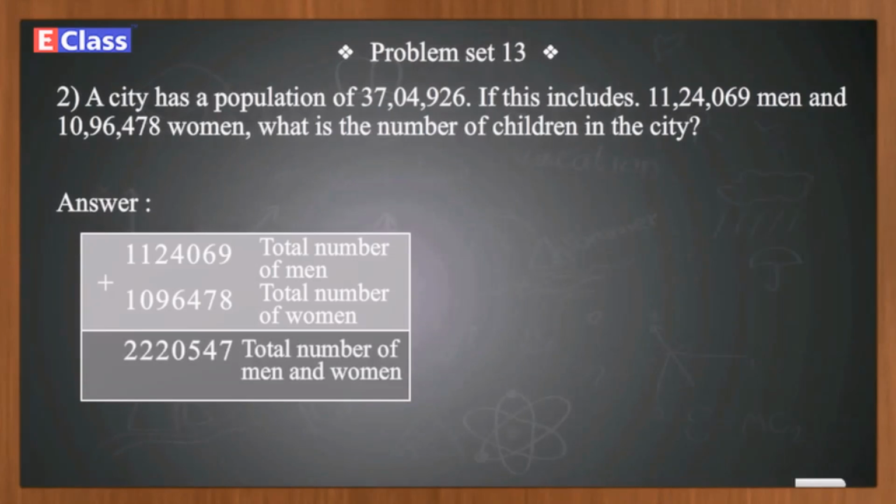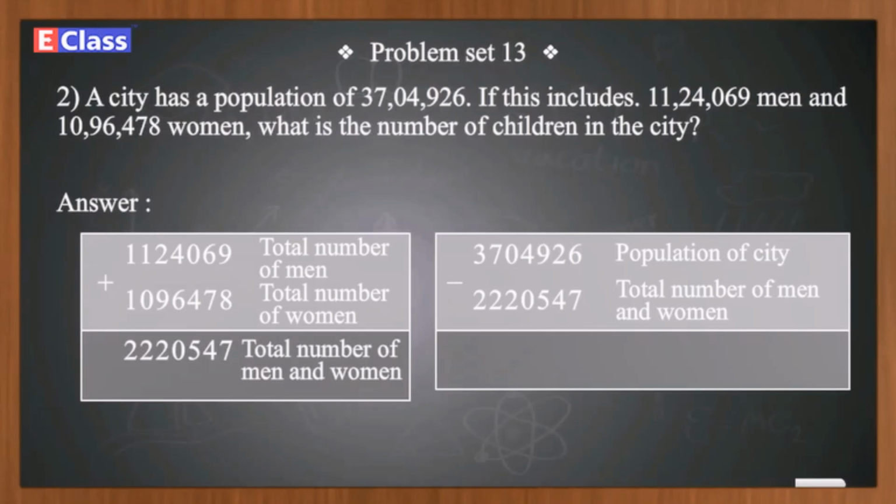11,24,069 total number of men plus 10,96,478 total number of women is equal to 22,20,547 total number of men and women. 37,04,926 minus 22,20,547 total number of men and women is equal to 14,84,379 number of children.